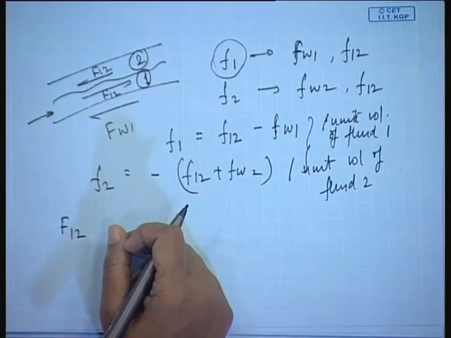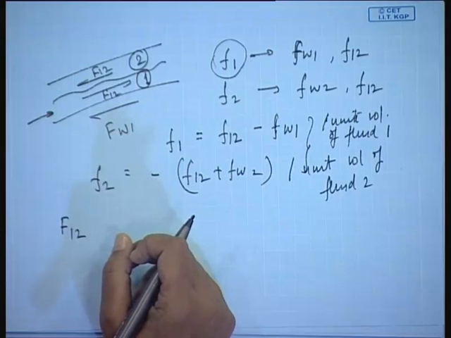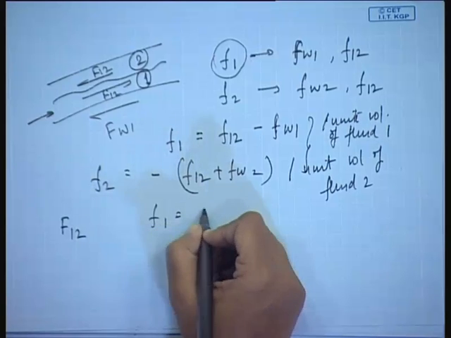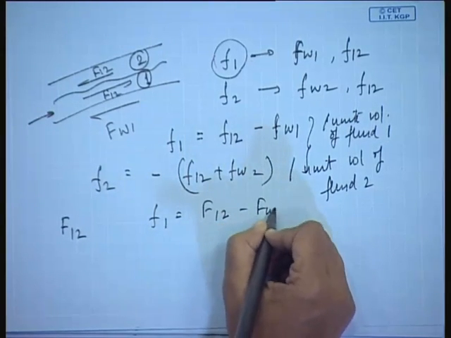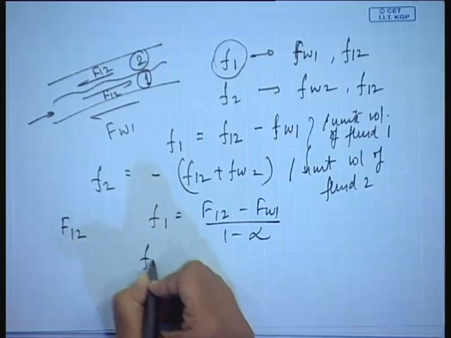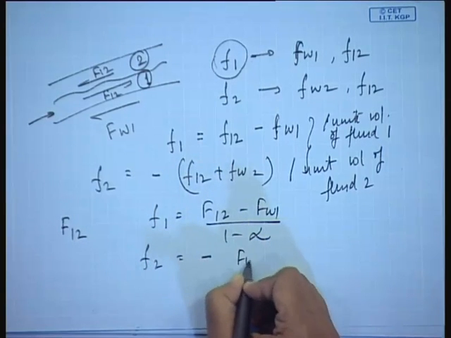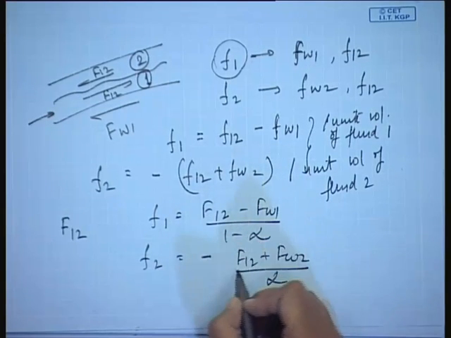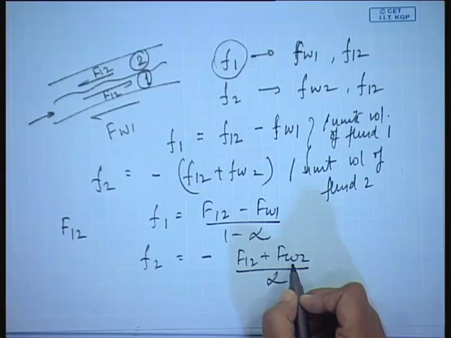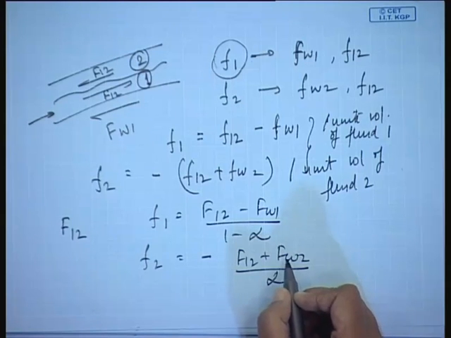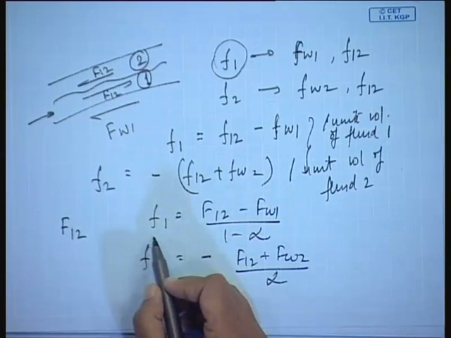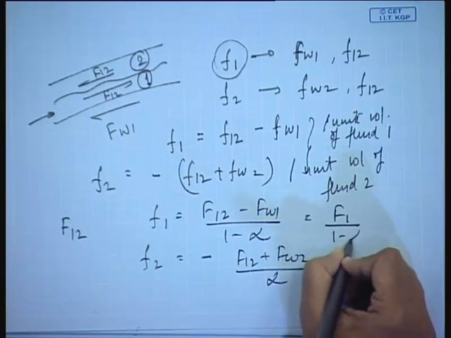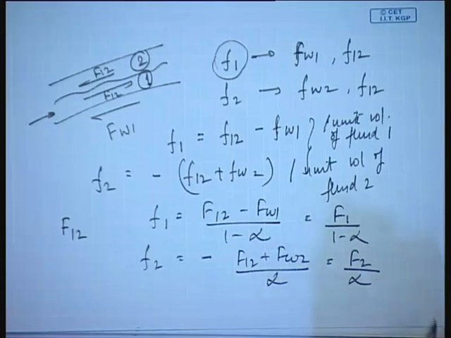Accordingly, F1 would be equal to capital F12 minus Fw1 by 1 minus alpha, and F2 is minus of F12 plus Fw2 by alpha. Where these capital F's are per unit volume of mixture flow. So, your F1 into 1 minus alpha becomes capital F1. This is capital F1 by 1 minus alpha, this is capital F2 by alpha.